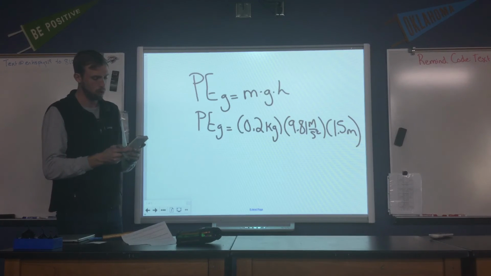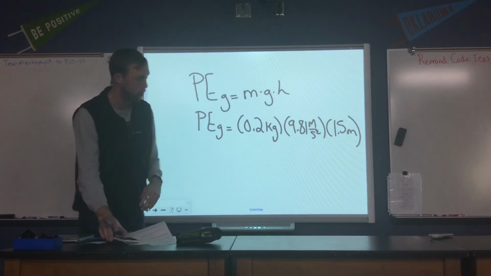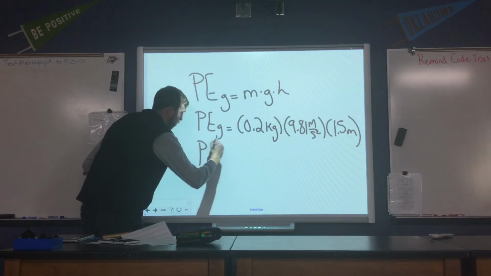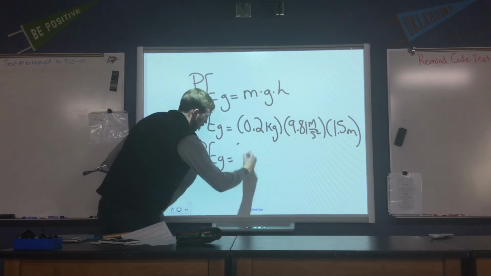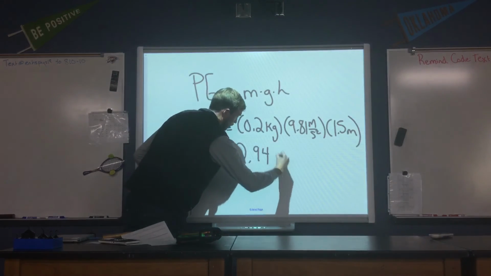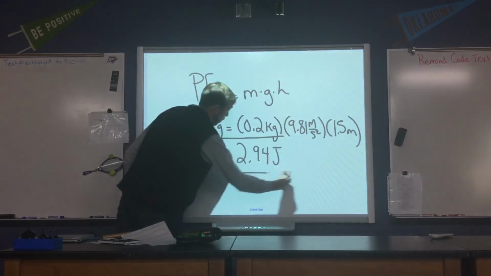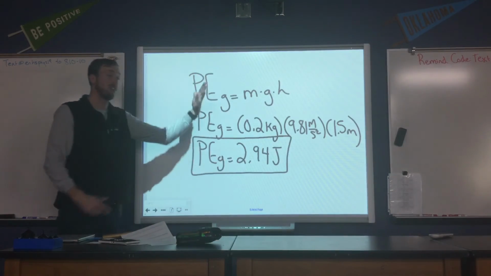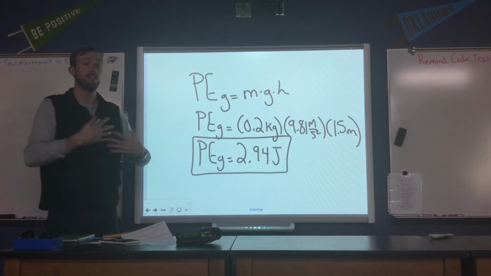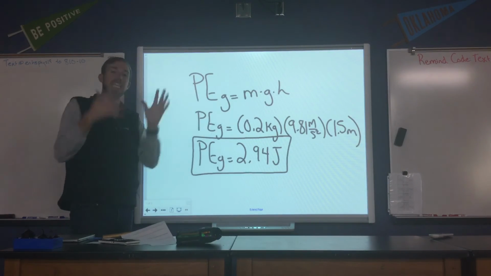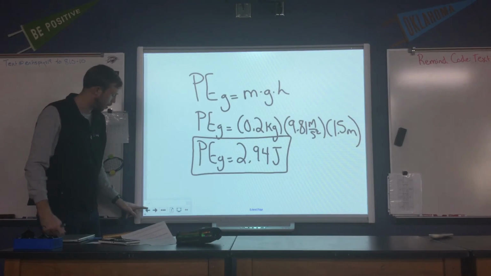So 0.2 multiplied by 9.81 multiplied by 1.5, we get about 2.94 joules. Now again, hopefully we recognize that value is lower than our total, which it should be. This is not the total energy in our system. This is just how much energy is considered gravitational potential energy.